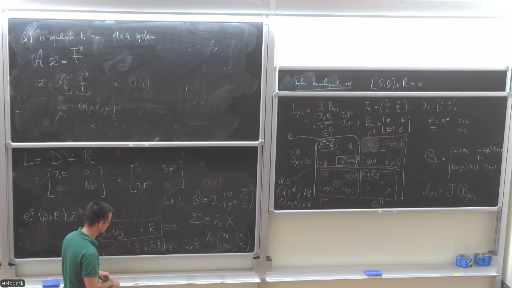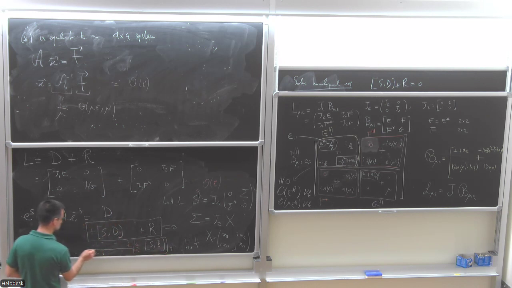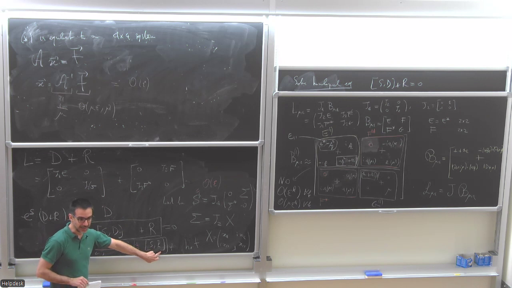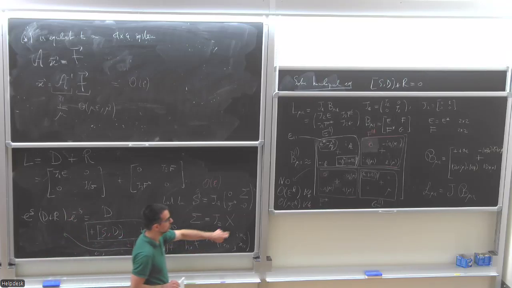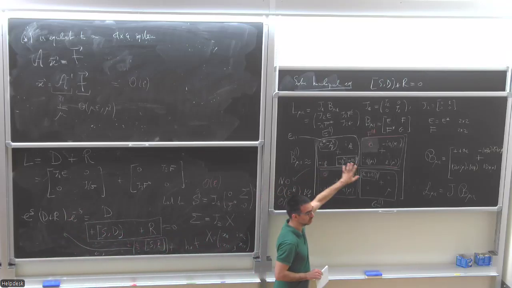Now, what is this object? S is off diagonal, R is off diagonal, so this commutator is diagonal. So in this diagonal correction, the matrix is a diagonal matrix.